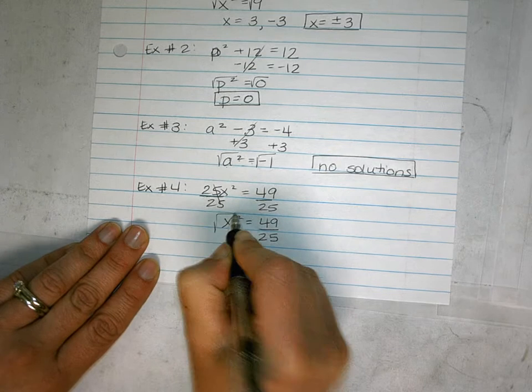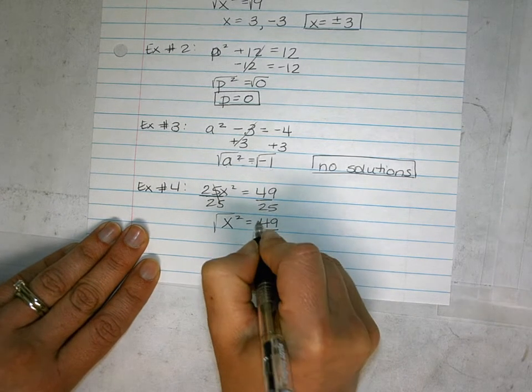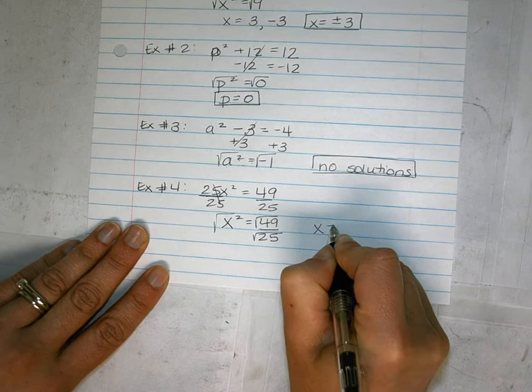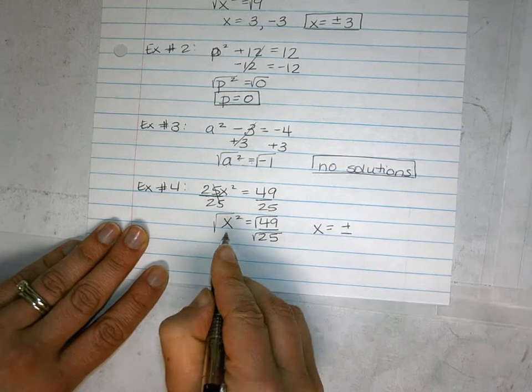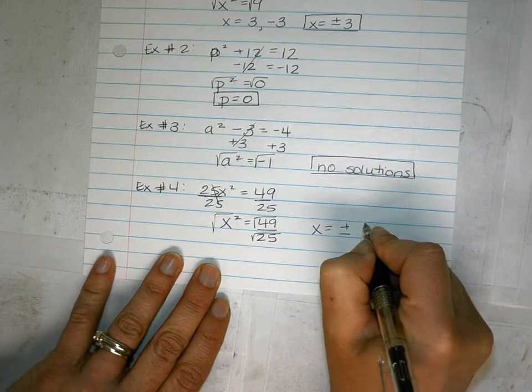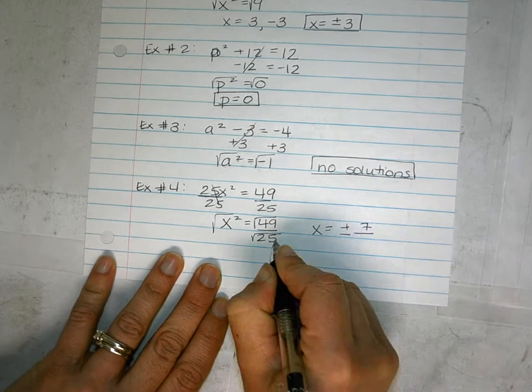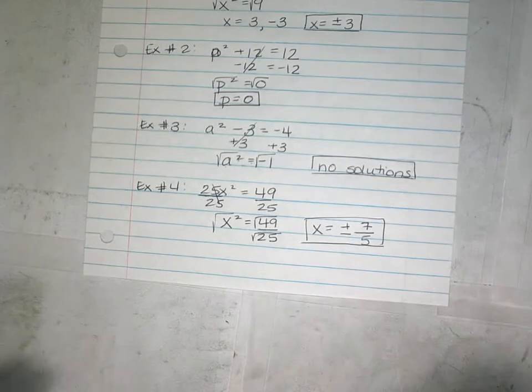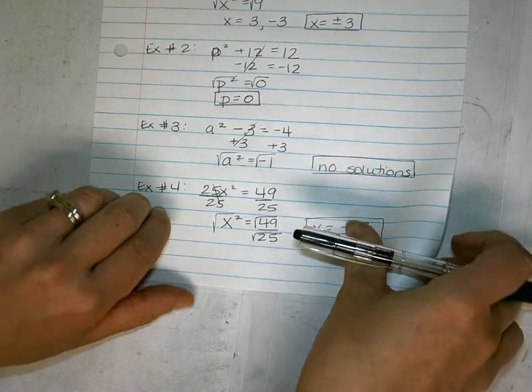Take the square root of both sides, and legally, you can square root them individually. So we have x equals plus or minus, because a positive or a negative times itself gives us this. The square root of 49 is 7, and the square root of 25 is 5. And our answer is a fraction, which is absolutely fine.